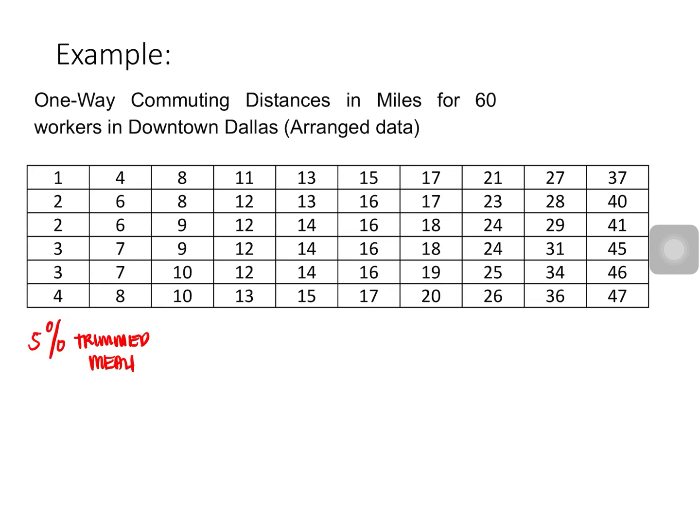First, compute for the 5% of your n, and 5% of this is 3. So what we need to do is to remove the first 3 values and then the last 3 values, and then again compute for the mean.